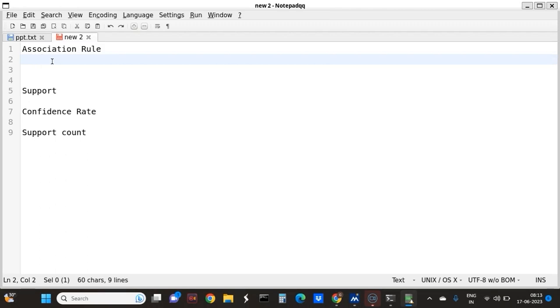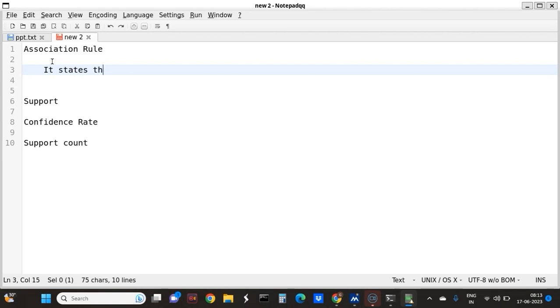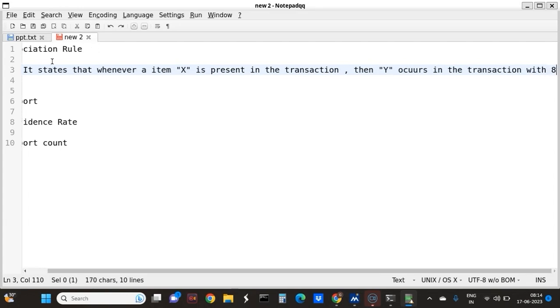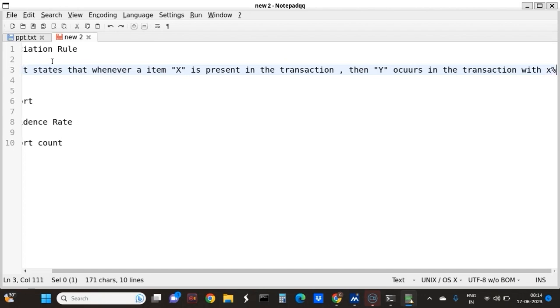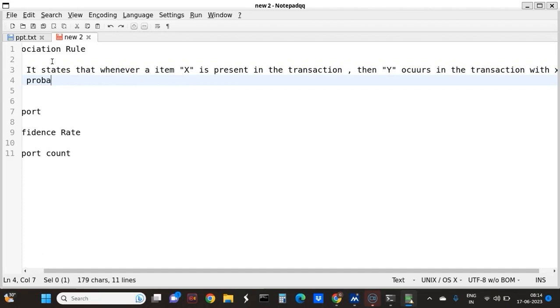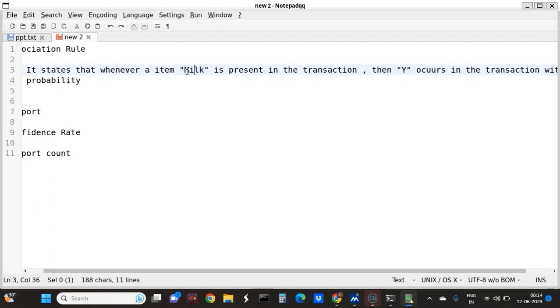Association rule states that whenever item X is present in the transaction, then Y occurs in the transaction with X with a certain probability. Suppose in X I have milk and in Y I have tea.